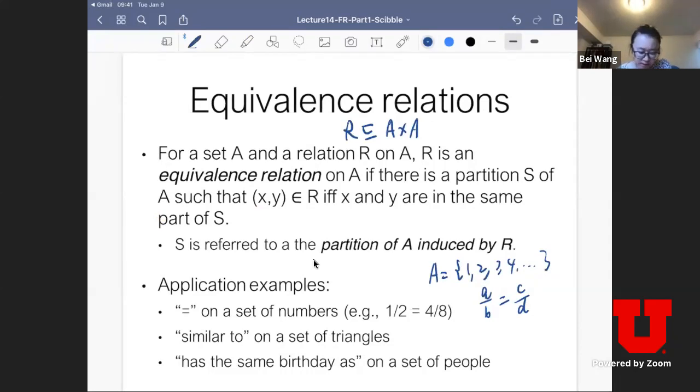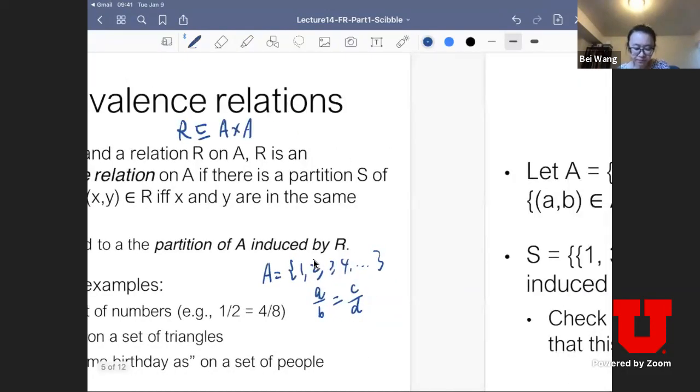The second kind of equivalence relation you can define is on a set of triangles: two triangles are equivalent if they are similar to each other, and you can define the notion of similarity. And if you have a set of people, you can define two people as equivalent if they have the same birthday. So there are various ways to define equivalence relations.